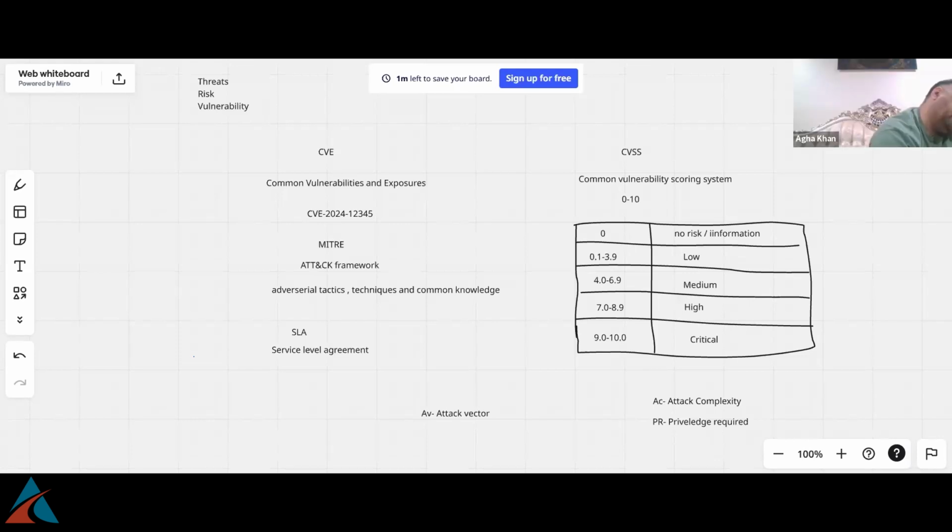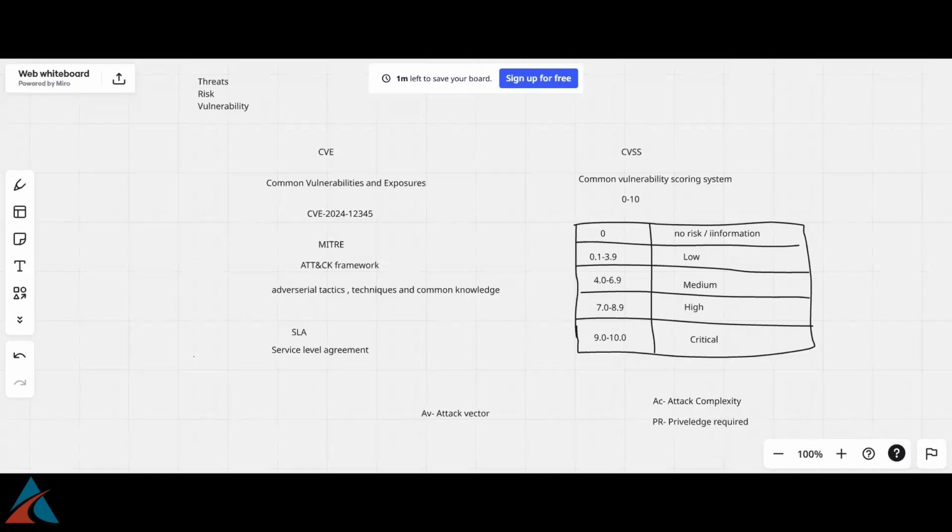If you have a vulnerability with score 10 and you're working on it, how long are you going to work on it? Years, 2 years, 4 years, 5 years? By that time the attacker will exploit it and go back. You don't have enough time.